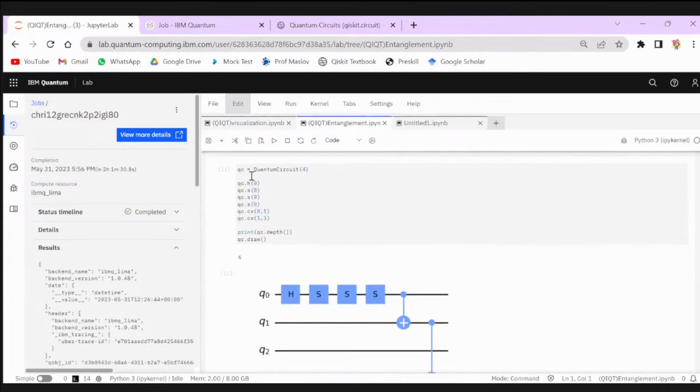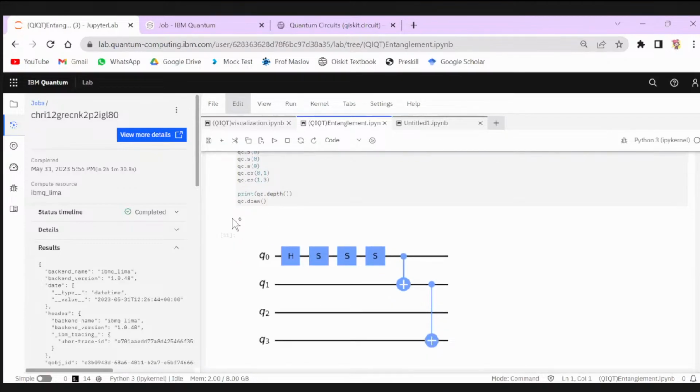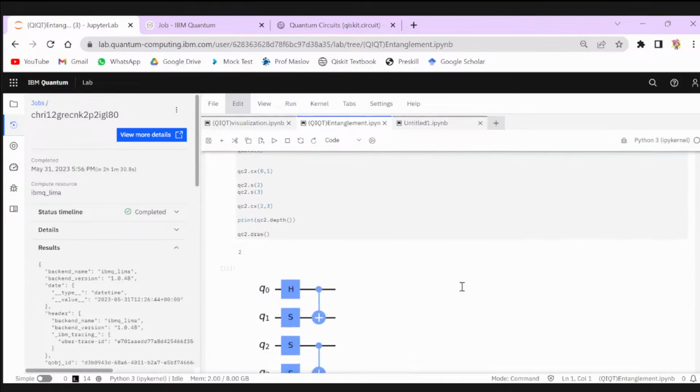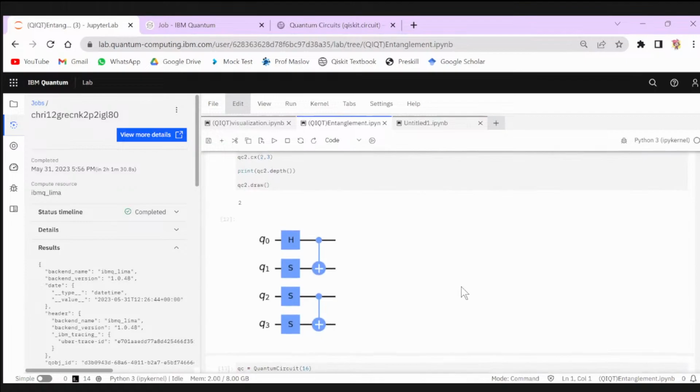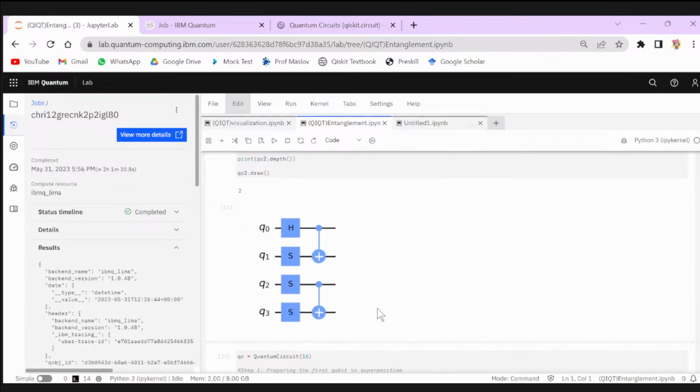Here we have a quantum circuit and I operated these gates, and after that you can calculate the depth directly. Here you can see the depth is 6. But if you have a circuit like this, you can see the depth is 2 because the layer here is 2. So why is this important?